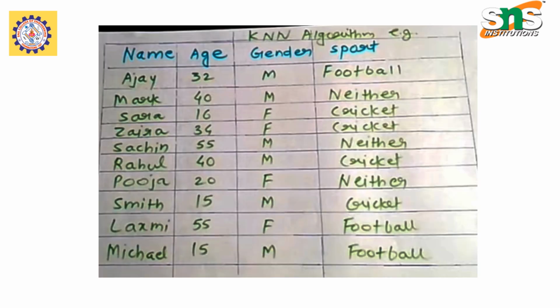Next, we are going to take a data set for the KNN algorithm, which has name, age, gender, and sport. We have a data set related to Ajay, Mark, Sarah, Zaira, Sachin, Rahul, Pooja, etc. They have chosen all these sports, except Sachin, whom we put as neither, and Pooja, whom we put as a null value.